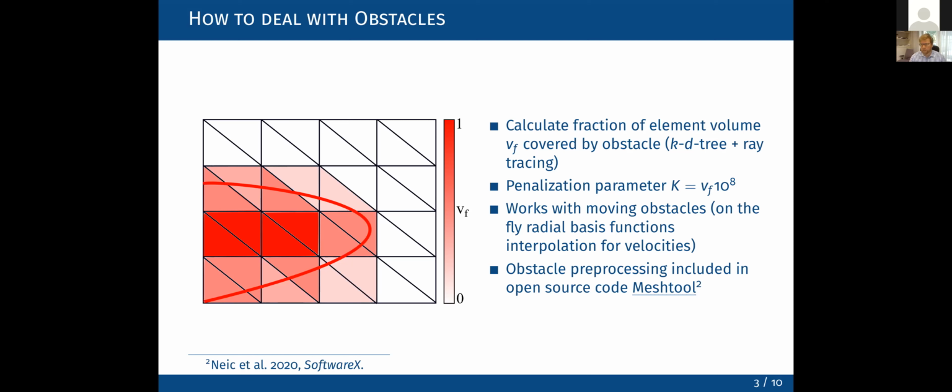With this method here, we can just discretize one period of the motion or one turn of the motion. And second, we don't need to think about topological changes. And both this obstacle treatment we interpret as a pre-processing tool in the open source software meshtool, which we published this year, a nice paper about.